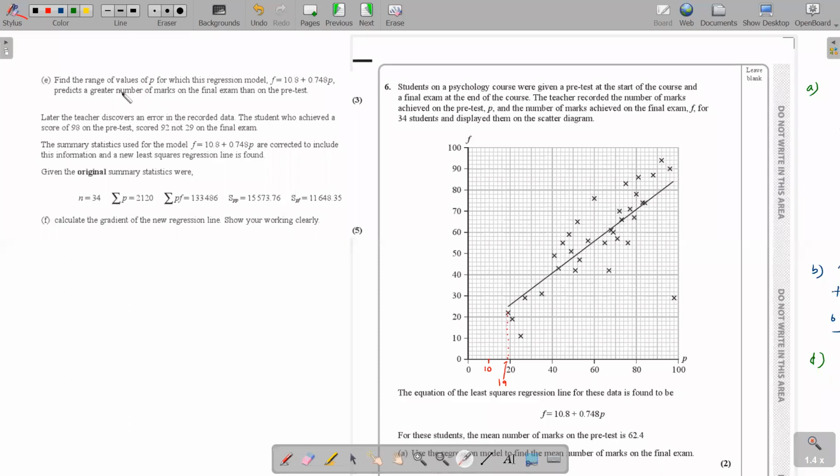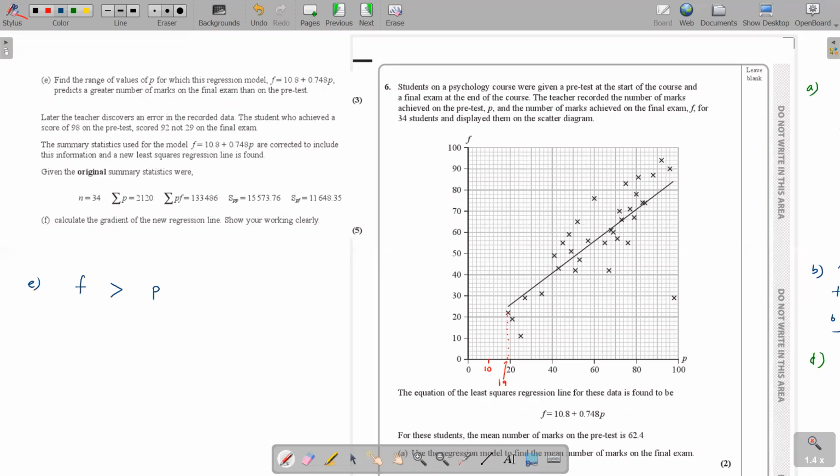So they want the range of values of P where the regression model predicts a greater number of marks, right? The regression model predicts a greater number of marks on the final exam than on the pre-test, which means what? They want the final mark to be greater than what? The final mark needs to be greater than the pre-test. Are you with me?